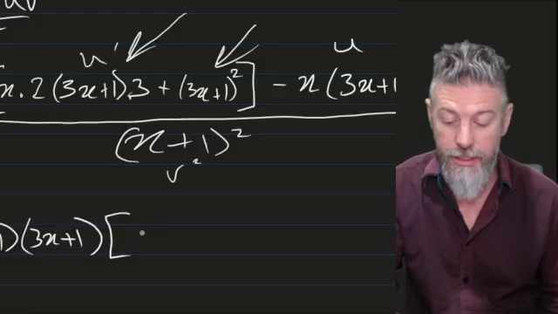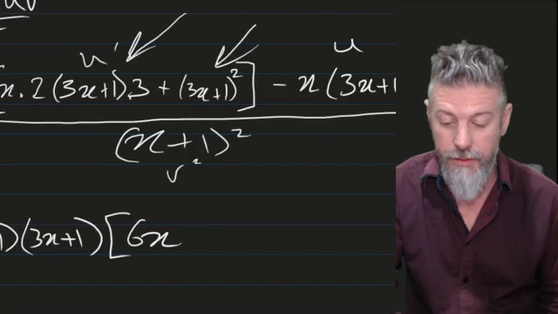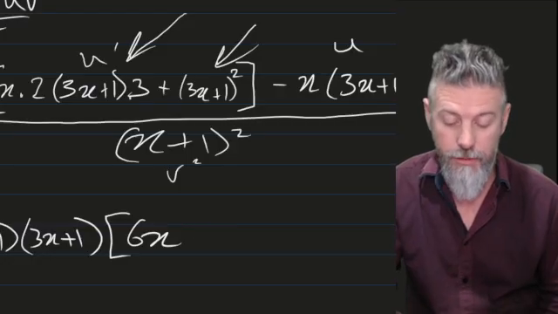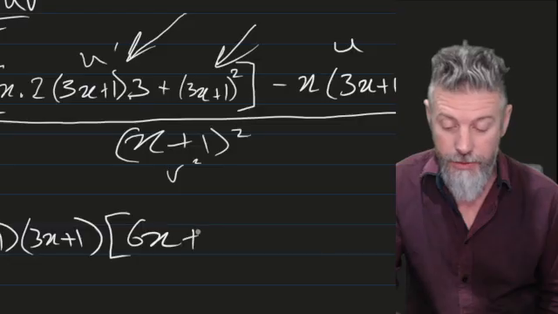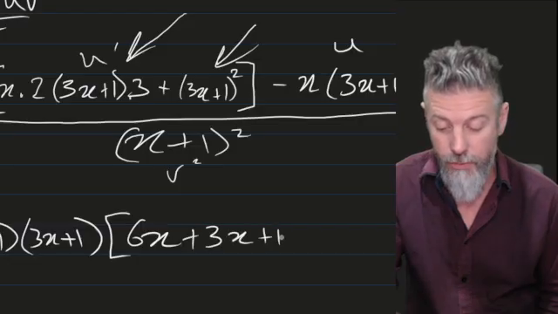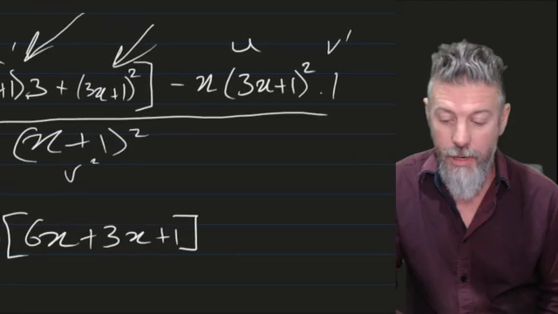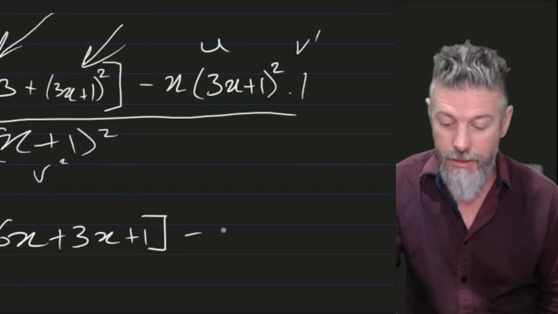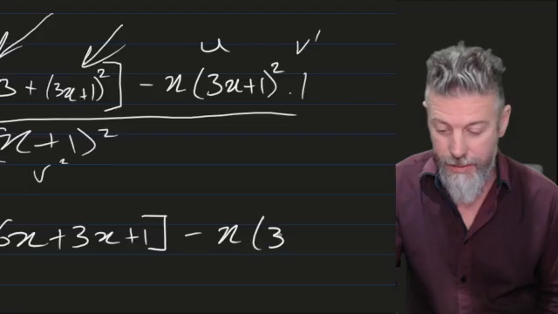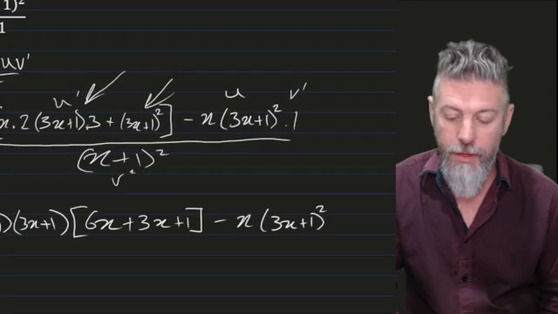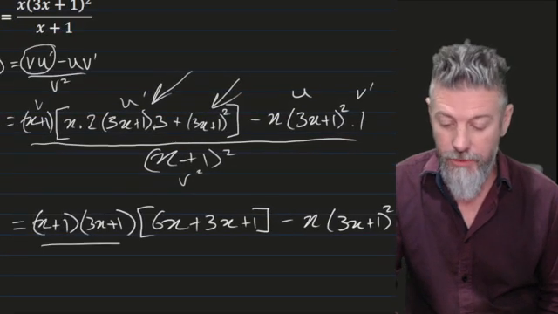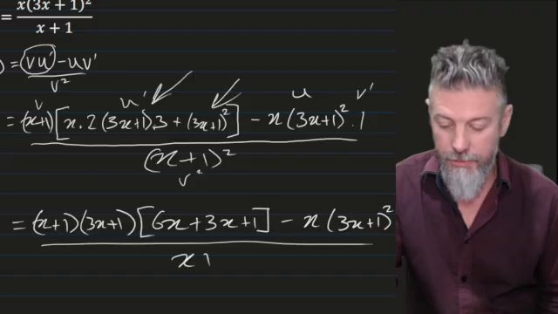2 times 3 is 6, and I've got an x there, so it's 6x. And then the next term is the 3x plus 1, but one of them has been taken out, the squared, so it's just plus 3x plus 1, minus our term at the back here. We haven't done anything with that yet. Okay. Now we can tidy up, and it's still all over x plus 1 squared.